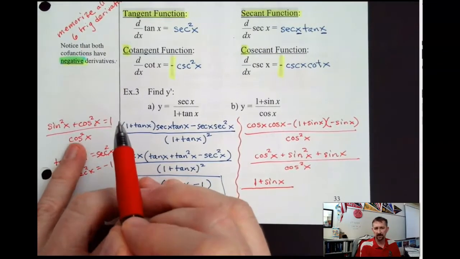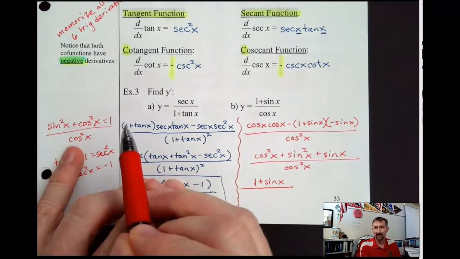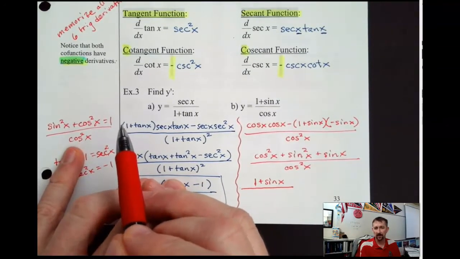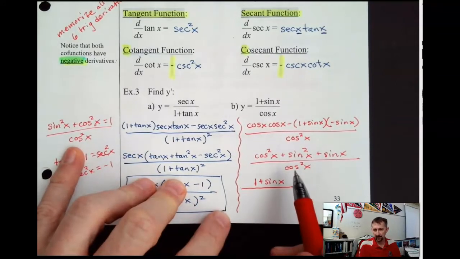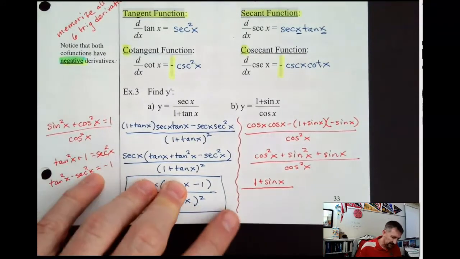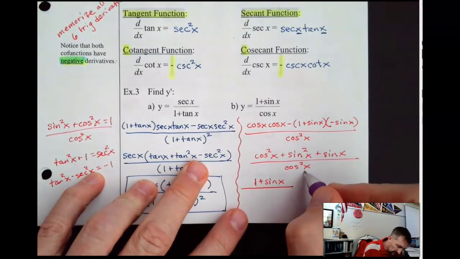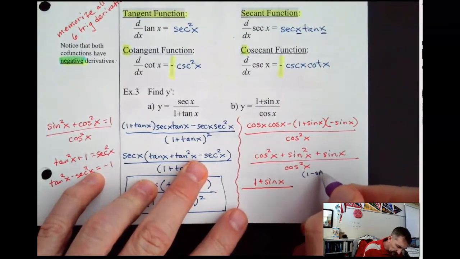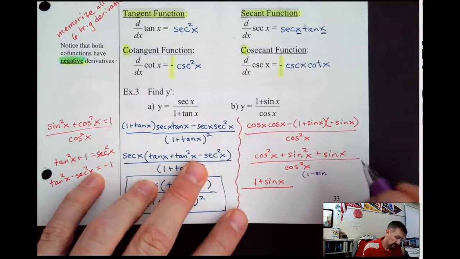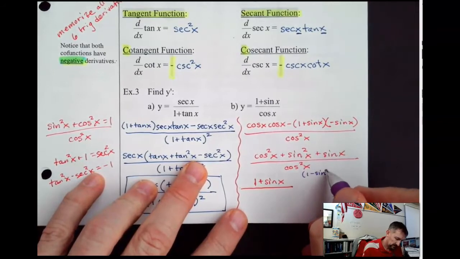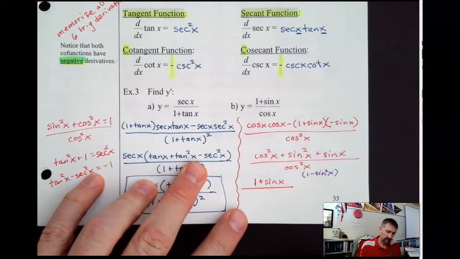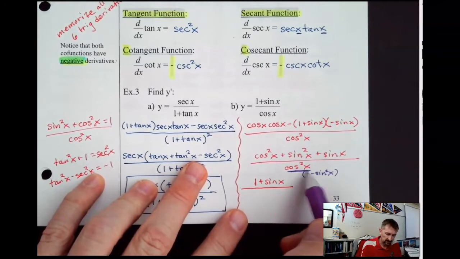Cosine squared is equal to 1 minus sine squared. So I could substitute 1 minus sine squared x to replace this.